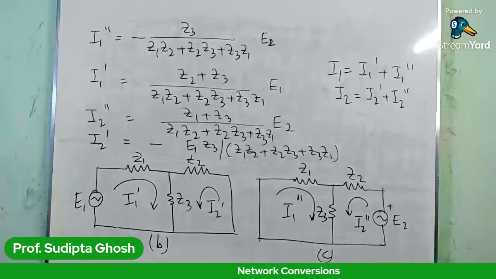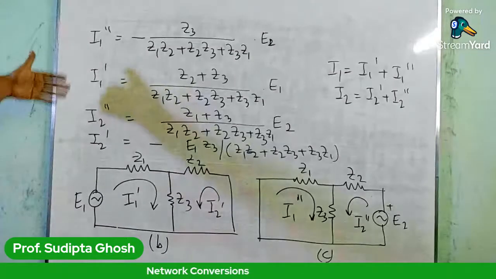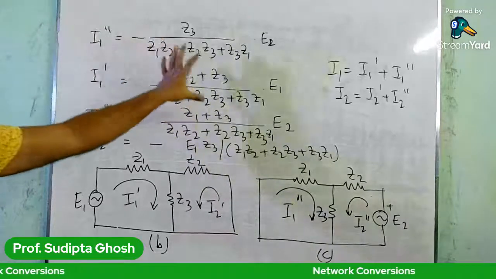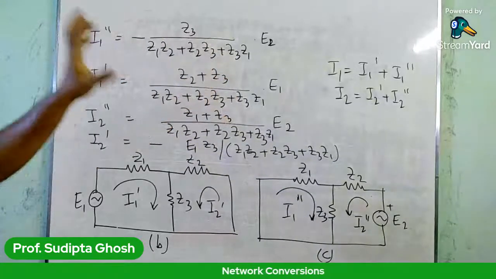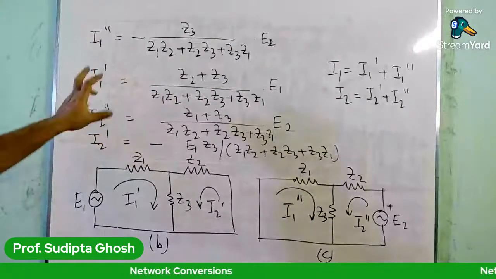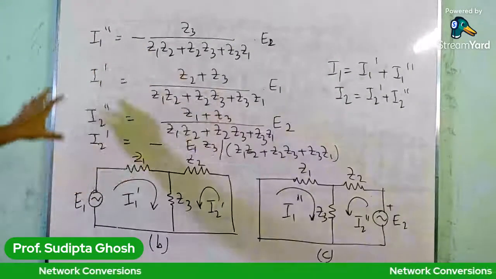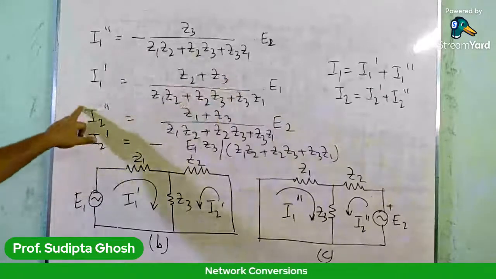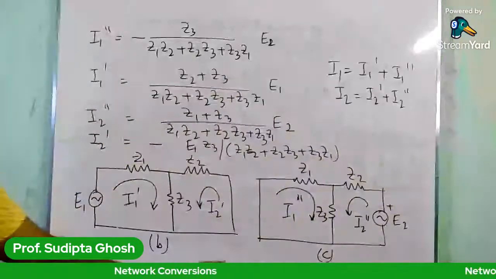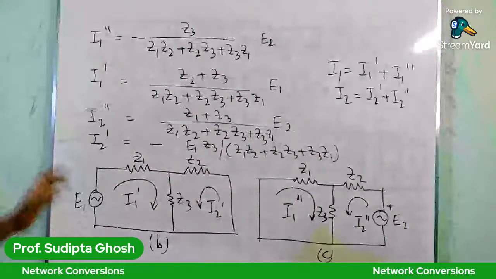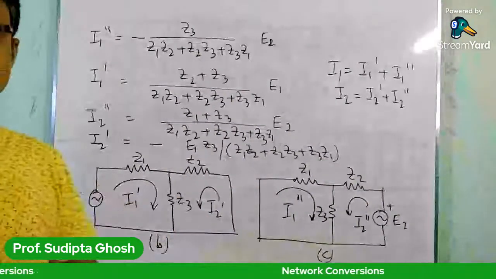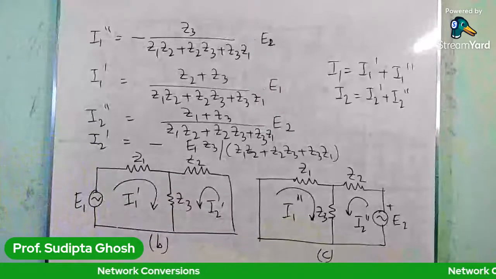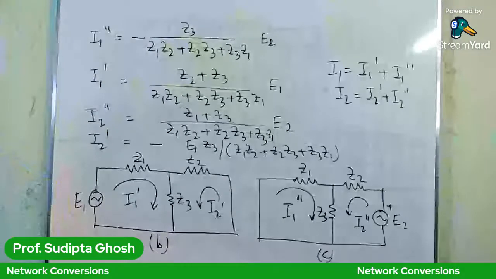If we add I1 prime with I1 double prime, it gives the value of I1 as written in equation 3, and if we add I2 prime and I2 double prime, we have the value as written in equation 4 for I2. So this proves the superposition theorem as a whole. Is it okay?